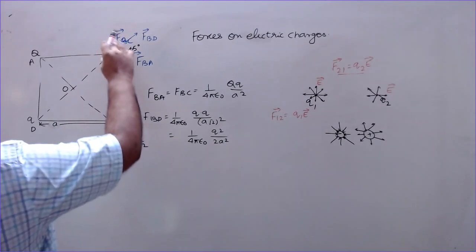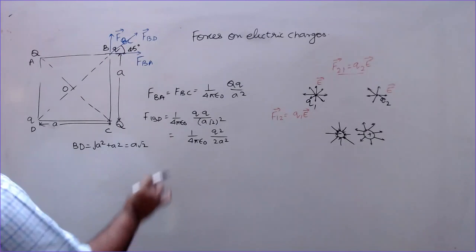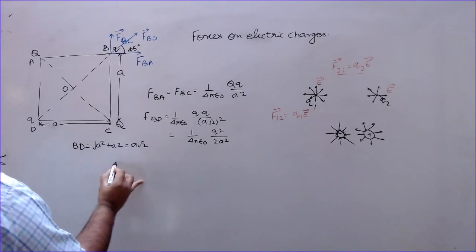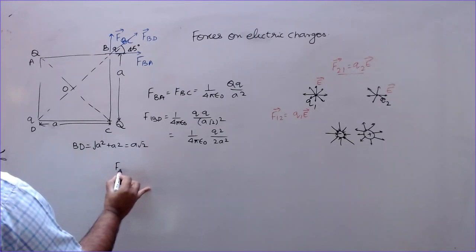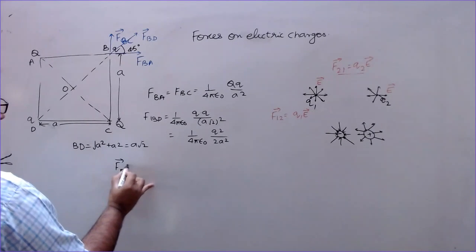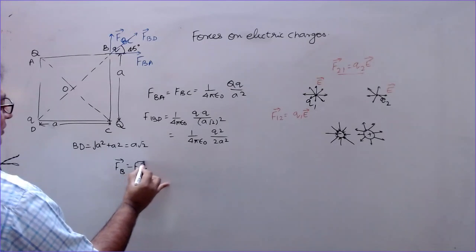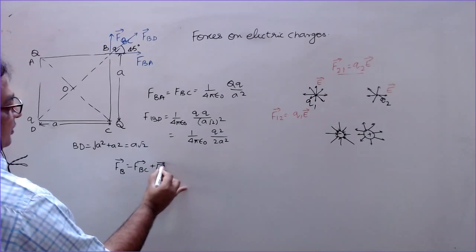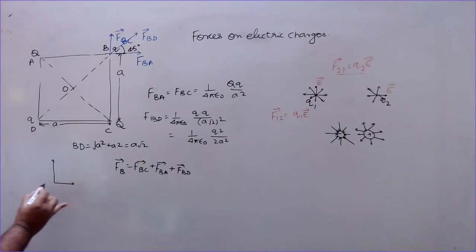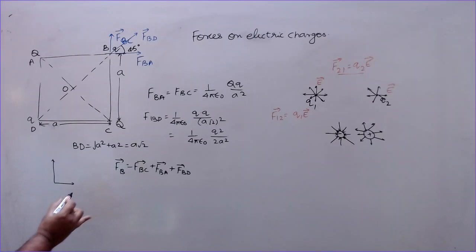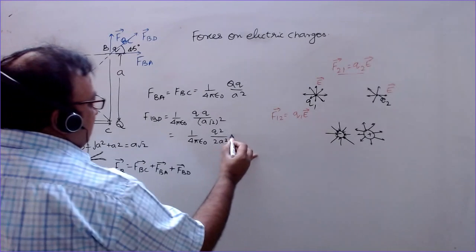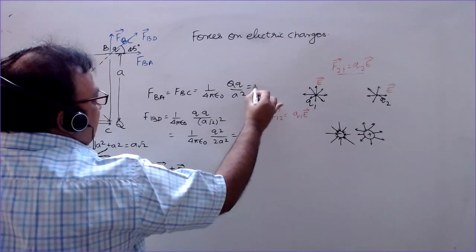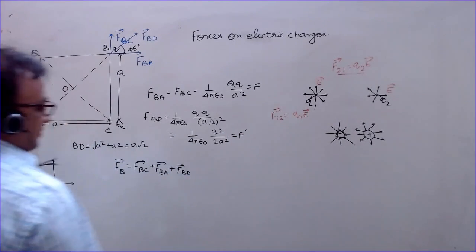Now what is the resultant force here? First find the resultant of these two which are perpendicular to each other. So F at B is equal to FBC plus FBA, these two. These are F. This is F and this is F dash.